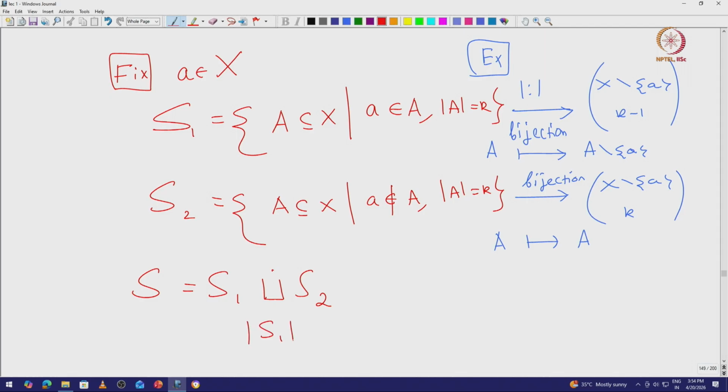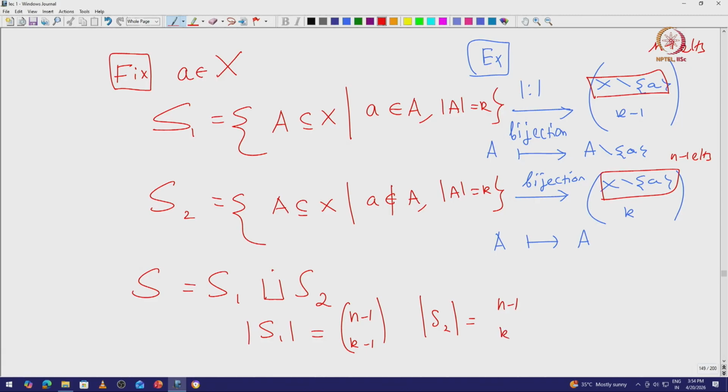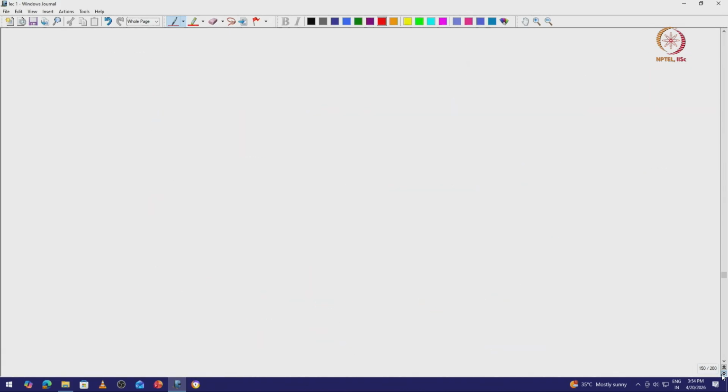So, the cardinality of S1, using this bijection, you can see that this has exactly n minus 1 elements. So, it will be n minus 1 choose k minus 1. And similarly, the cardinality of S2 is going to be exactly, this will have n minus 1 elements, so it will have cardinality exactly n minus 1 choose k. So, now using the sum rule we get the cardinality of S equal to the cardinality of S1 plus the cardinality of S2.